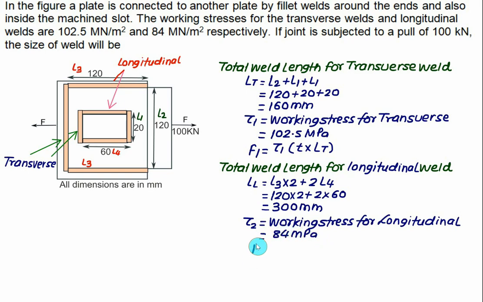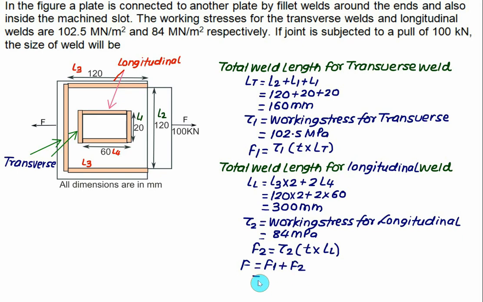Corresponding force will represent as F2 is equal to tau 2 multiplied by T, throat thickness, multiplied by the total length equal to LL for longitudinal loading. F1 plus F2 is equal to F. So we have F is equal to F1 plus F2.